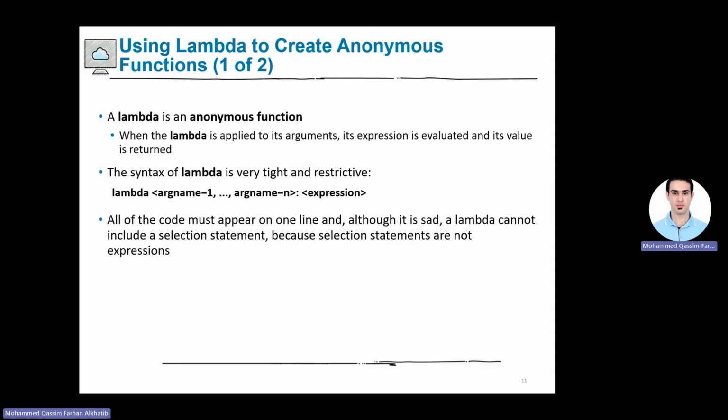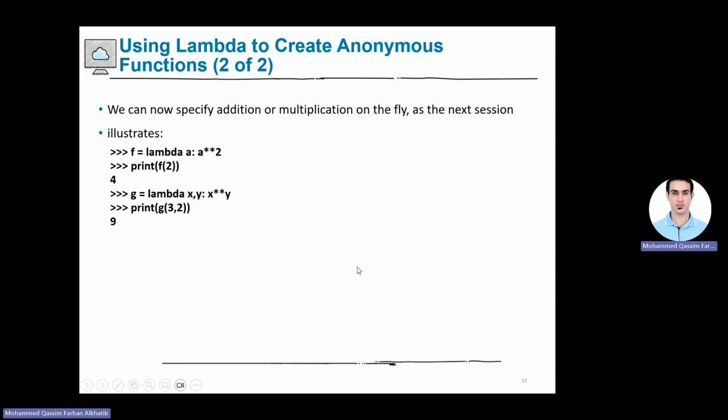A lambda function is a single line function. All of the code must appear in one line. And although it is sad, a lambda cannot include a selection statement, because selection needs multiple lines. A for loop is possible, but selections are not. But we'll keep it simple. We'll do this function: f equal lambda a colon a times a, or a squared.